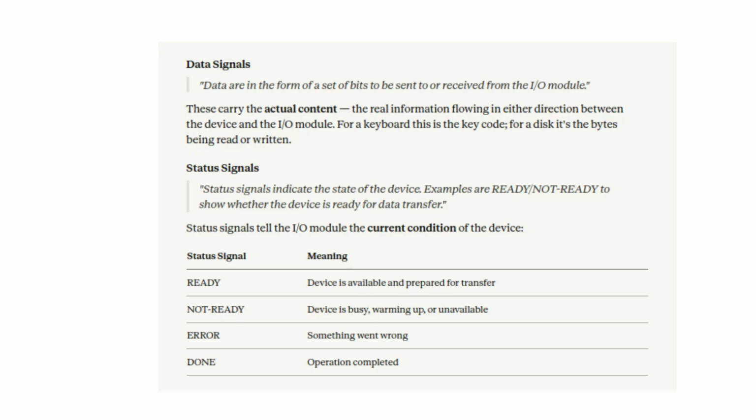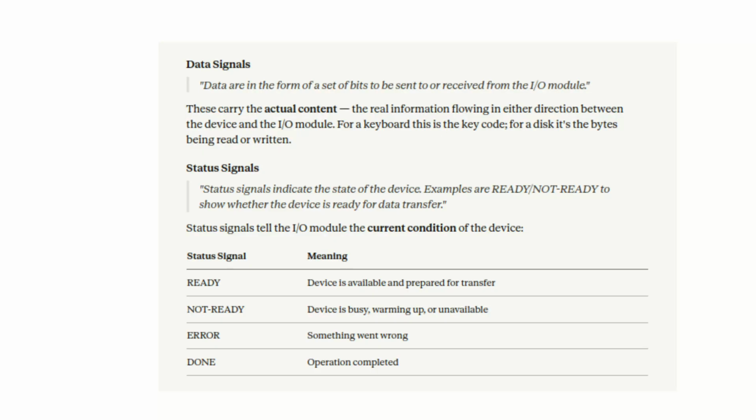For a keyboard, the key code would be the data, and for a disk it would be the bytes being read or written. Okay, so data signals can be anything. That is the actual content that can be transferred between the device and the I/O module. For the disk, the byte which it reads or writes would be the data, like that.